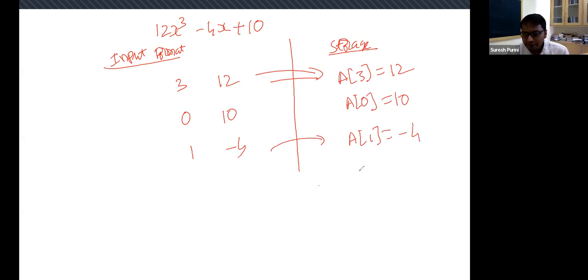You have to be careful: if A of 2, how do you know that A of 2 doesn't have any garbage value? So for this to work, you need to initialize all the array elements with some weird value which cannot possibly be a coefficient. You cannot initialize everything with 0 because 0 is a very normal coefficient.